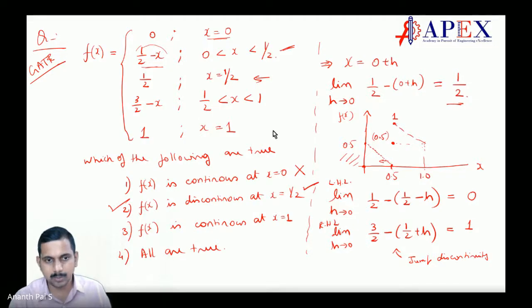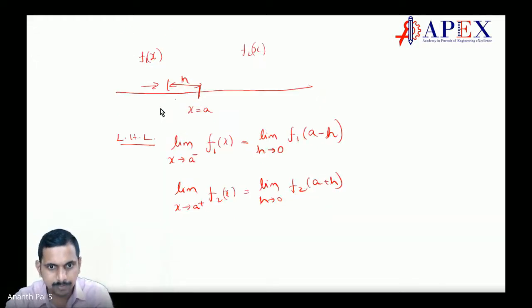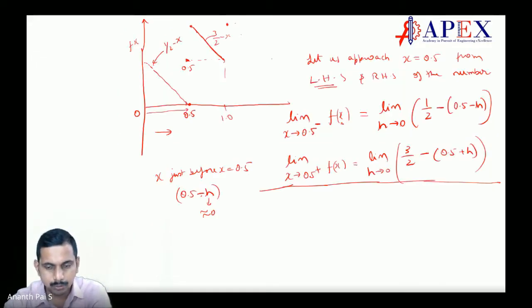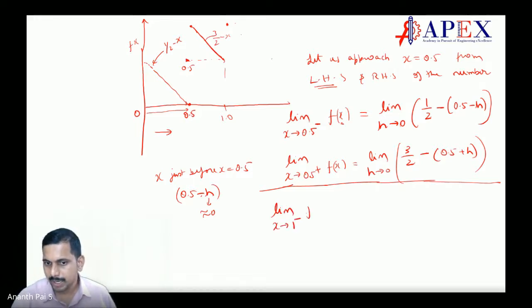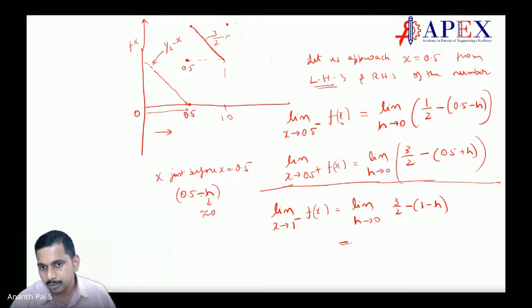Here, let us check what is happening. The third condition: limit x tending to 1 minus f of x is equal to limit h tending to 0 of 3 by 2 minus (1 minus h), correct? So what is the value you are approaching here?